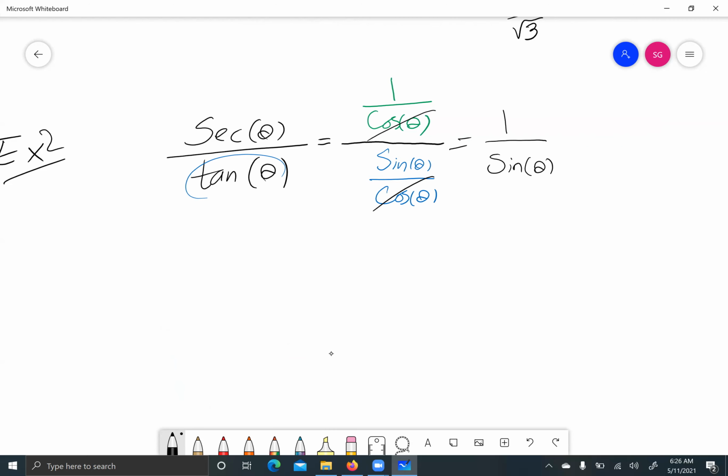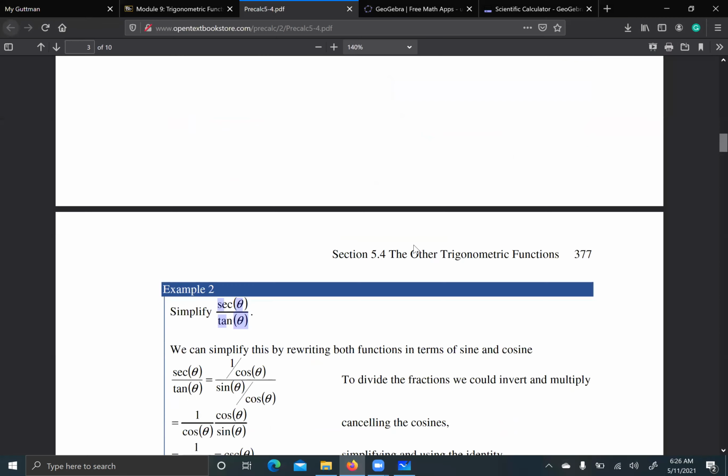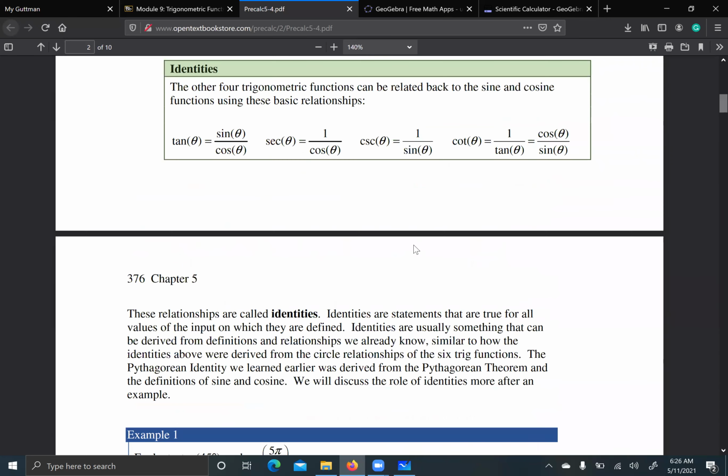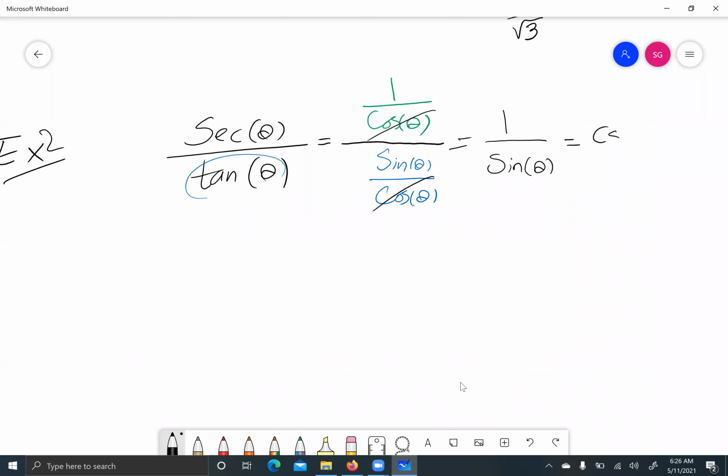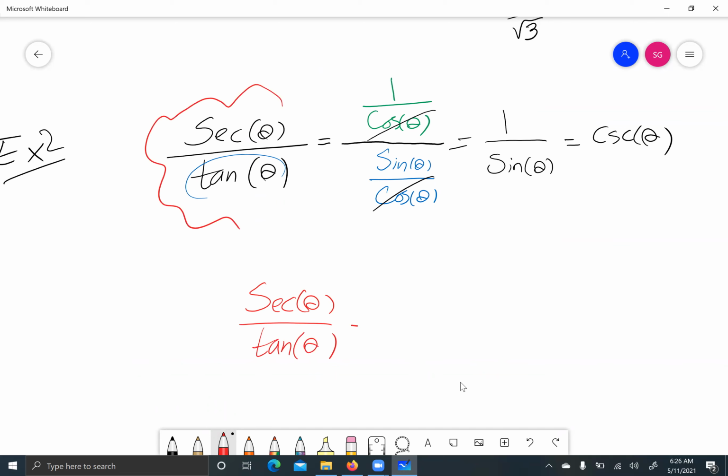But also 1 over sine of theta is cosecant. What was the identity here? Look, cosecant is 1 over sine. So we can simply say that this is cosecant. You see that? So we proved that secant divided by tangent is the same as cosecant.